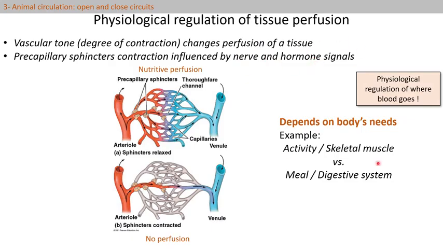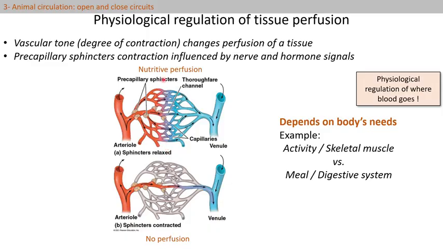So if there's more activity in the skeletal muscle, you could open the capillaries, decrease the vascular tone around the tissue that you want to irrigate, and now more blood will irrigate this tissue. That's called perfusion. So you will increase tissue perfusion.